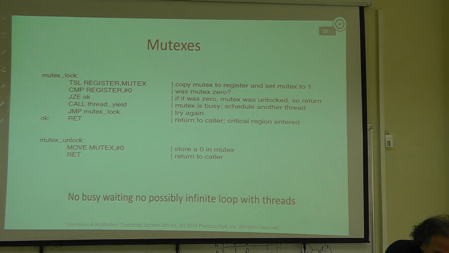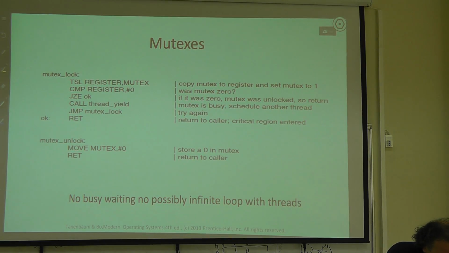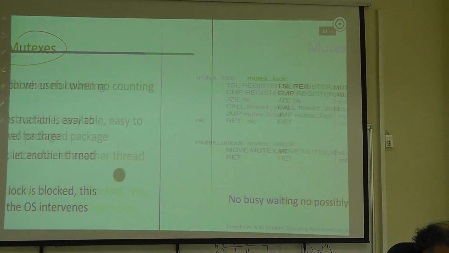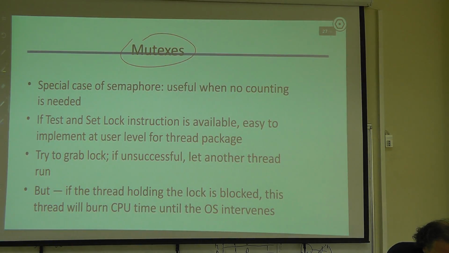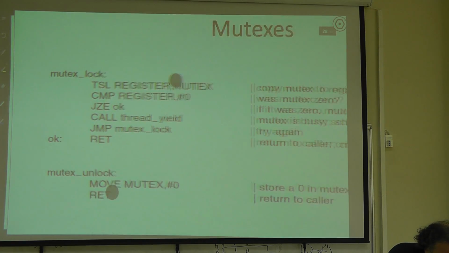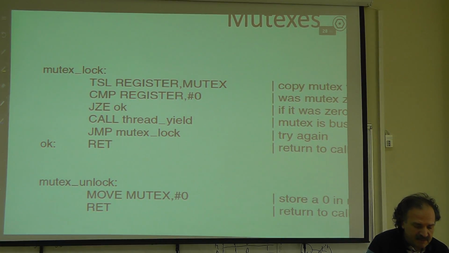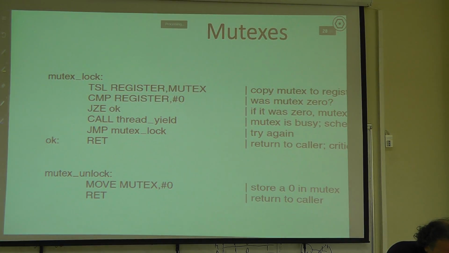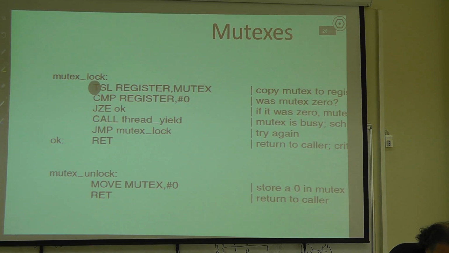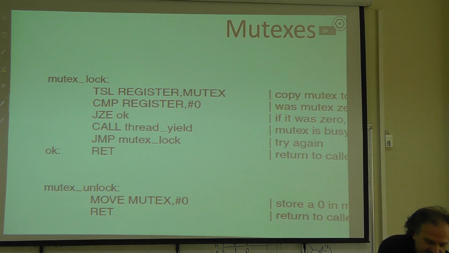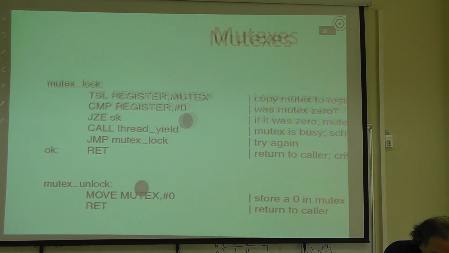Let's look at how the mutexes are implemented. It was talked about in the previous slide using test and set instruction. This is how it is implemented. This is mutex lock, and it is mutex unlock. And remember this one, TSL, test and set lock. What does it do?